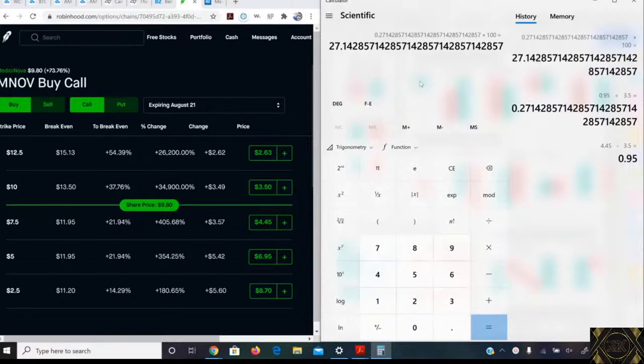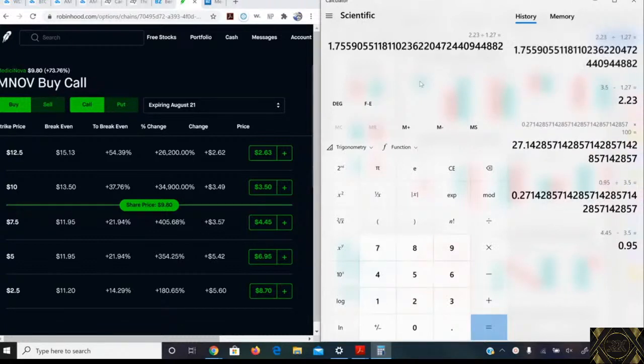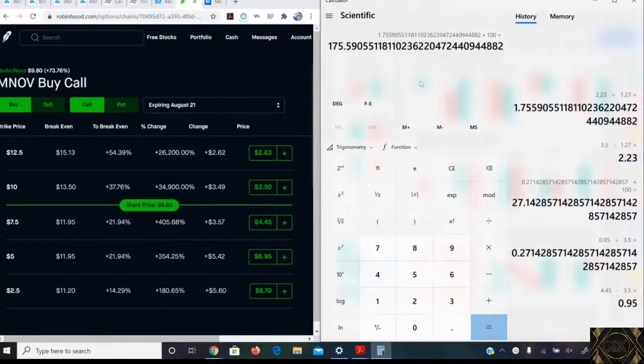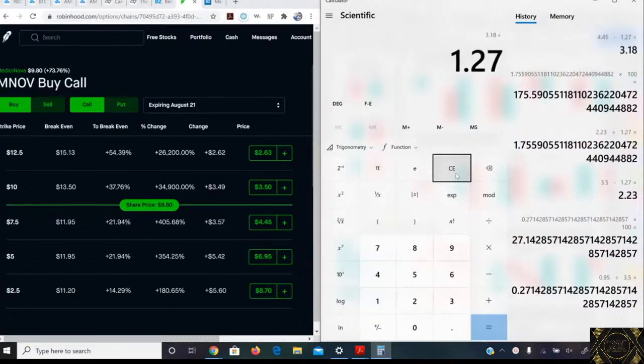Now, however, if you had gotten in at 1.27 when you originally bought it, so 3.5 minus that 1.27 divided by that 1.27, that's a 176% gain, keep in mind. But now, say we're looking at that 4.45 minus that 1.27 divided by that 1.27.